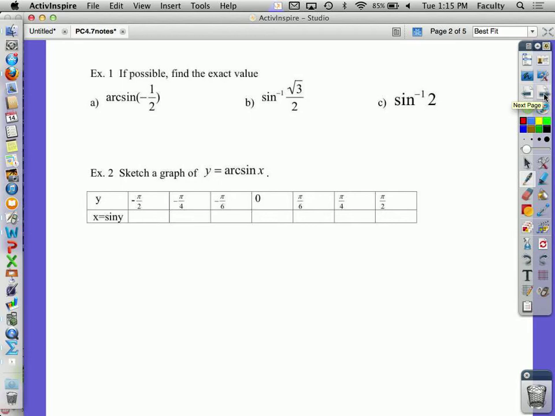Alright, so if possible, find the exact value. What you need to remember is the outputs are negative pi over 2 to pi over 2. They're angles. Now stop and think here a moment, because students will get this all mixed up. Negative pi over 2 to pi over 2 would be in what quadrants?